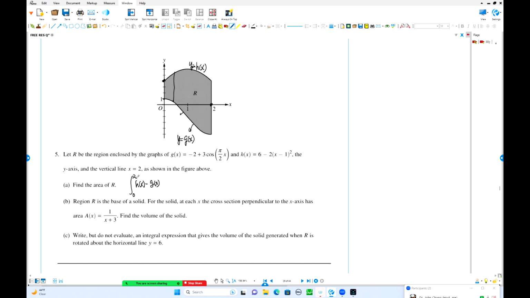We take the integral from 0 to 2. h of x is 6 minus 2 times (x minus 1) squared, and minus g of x is minus negative 2 plus 3 cosine pi over 2x, dx.